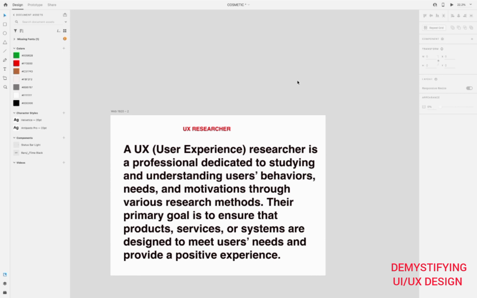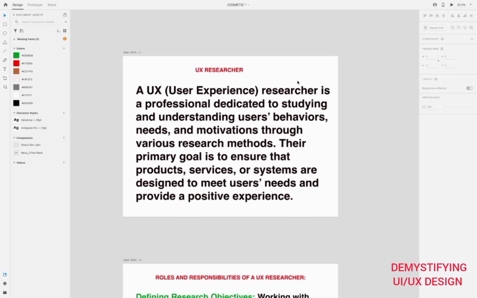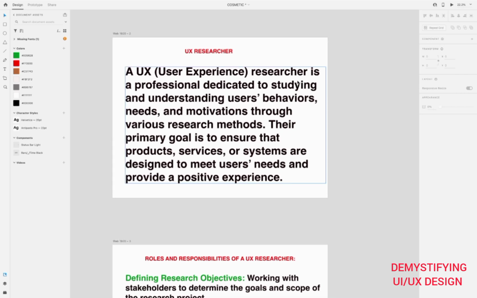How do we get to know how the users want these products to be? It can be via interview. You can share questionnaires on a particular product and ask them questions. They will tell you, this is how I want it to be, this is how I think it should be. Now let's delve into roles and responsibilities of a UX designer.